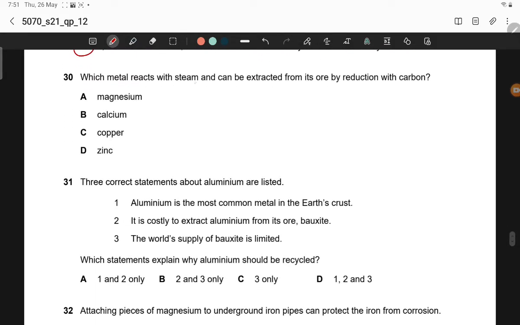Which metal reacts with steam and can be extracted from its ore by reduction with carbon?